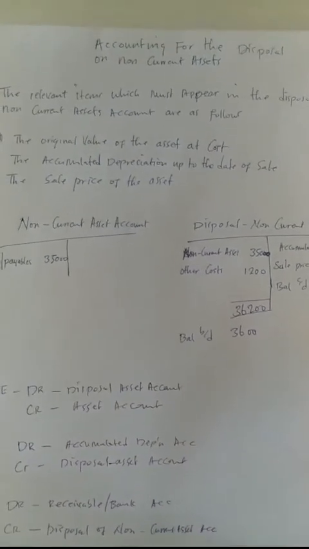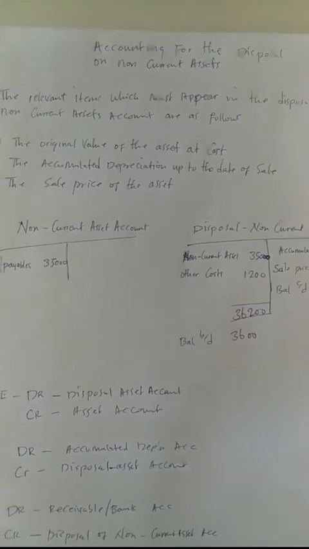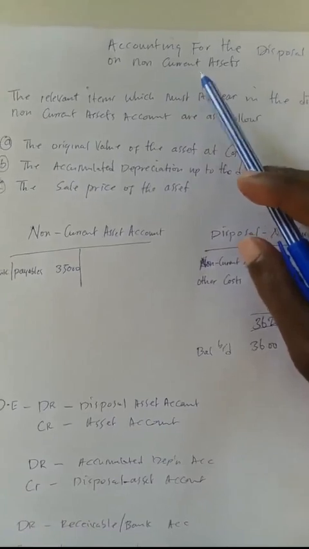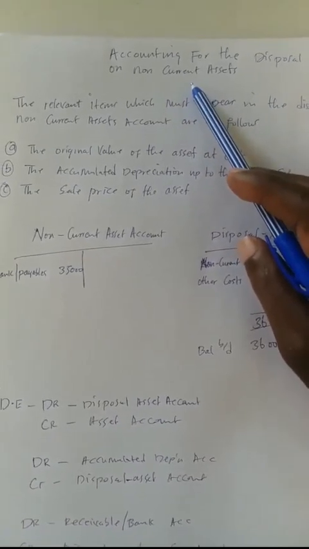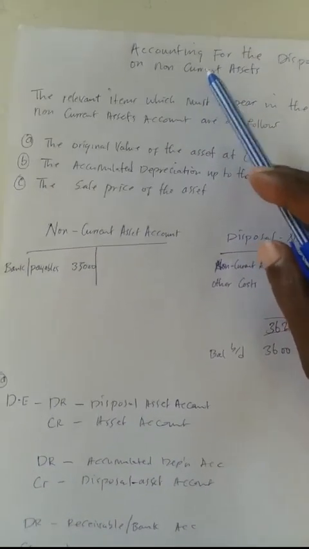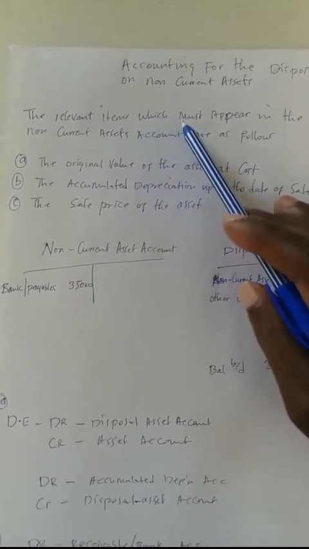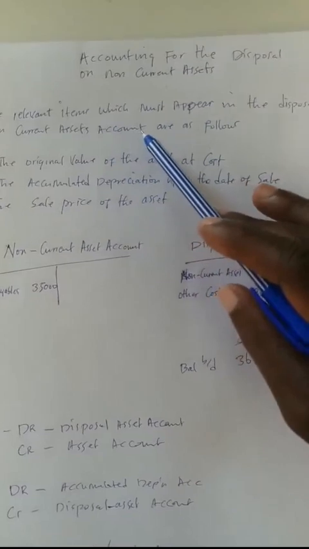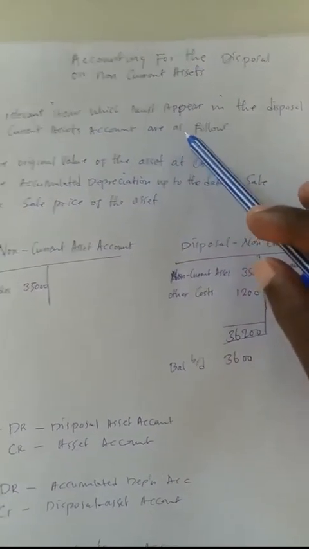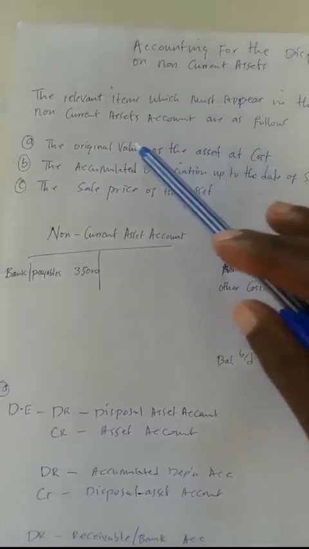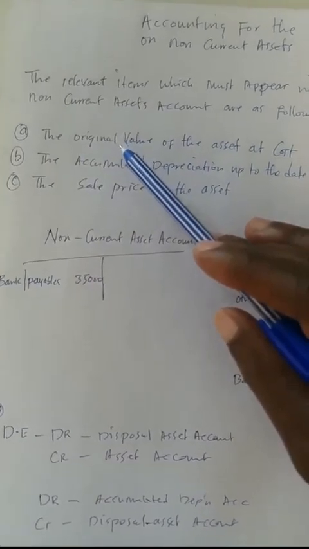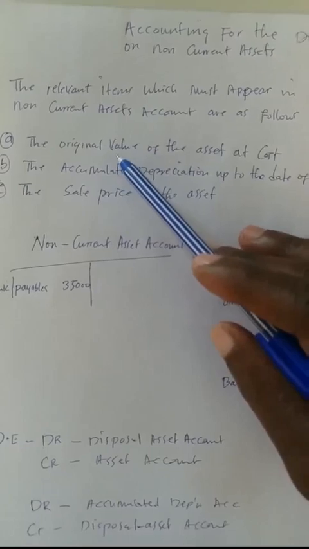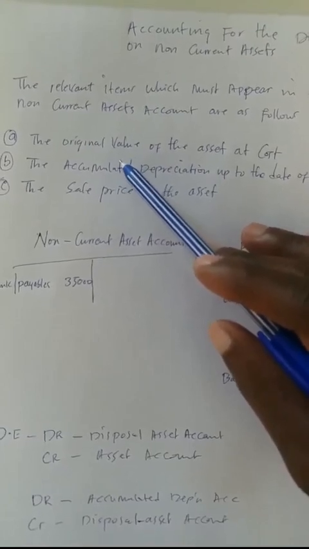Okay, so I want to talk about the accounting for the disposal of non-current assets. These are the relevant items which must appear in the account of the disposal of non-current assets.